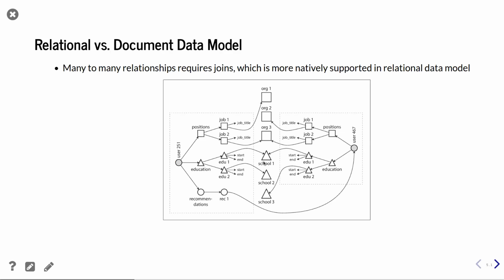One approach is to duplicate the school information in each of these documents. The second is to do joins with these other documents, and joins are not natively supported in the document model. That's where the relational model becomes more appropriate for many-to-many and many-to-one relationships.